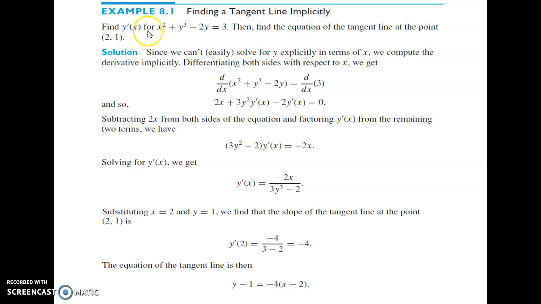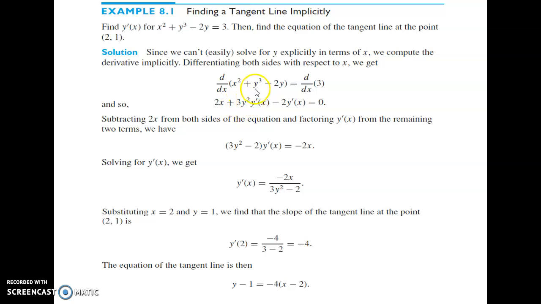So what is the method? I take this implicit function and differentiate both sides with respect to x. d by dx of the left, d by dx of the right. What is the derivative of x squared? It is 2x. No chain rule here, because the chain rule is used only when you are dealing with a term containing y. But when I find the derivative of the second term, because this term has y, first I differentiate the power, that is 3y squared.